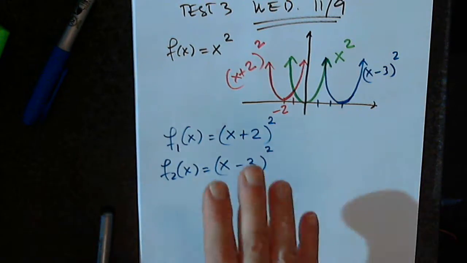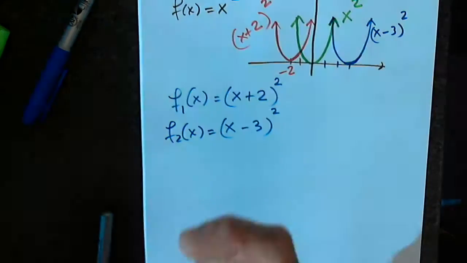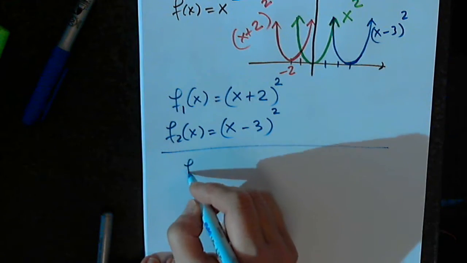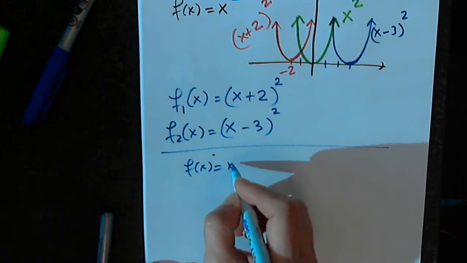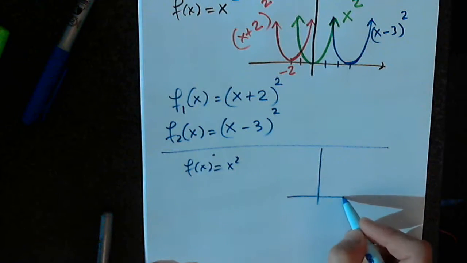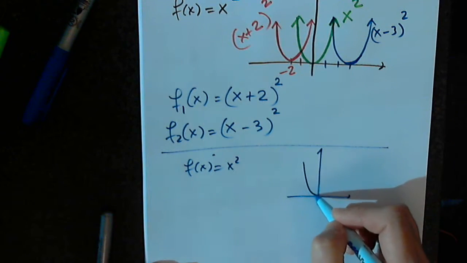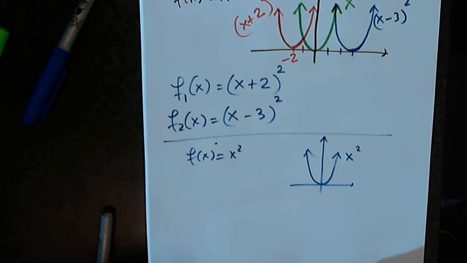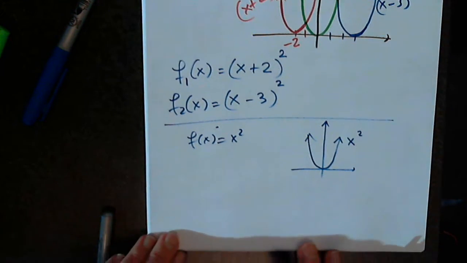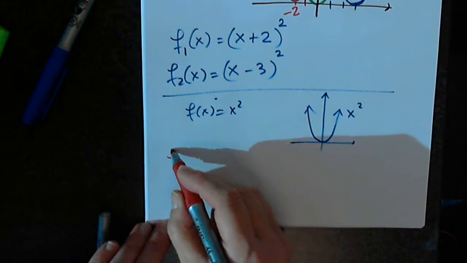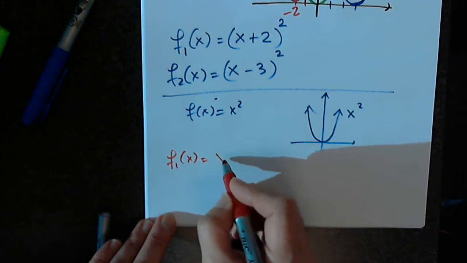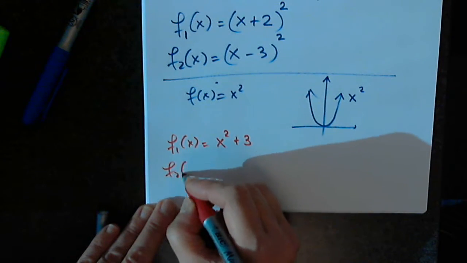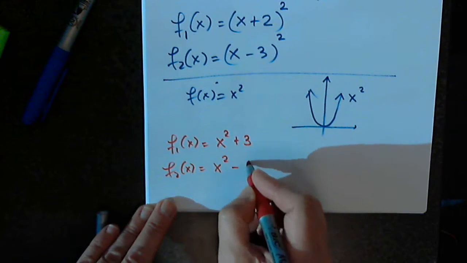Okay. Now I come back to the same function. This is done. This is another question now. I still have f of x, which is x squared, the simplest possible quadratic function. But now I have 2 questions, different than before. I want f1 to be x squared plus 3, and I want f2 to be x squared minus 4.